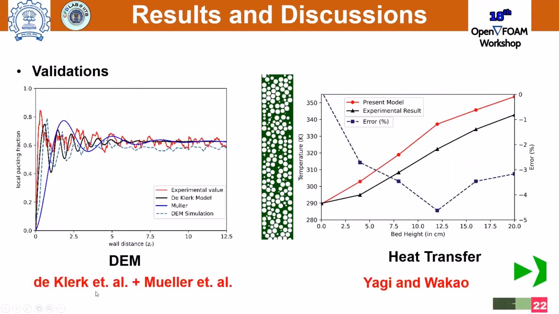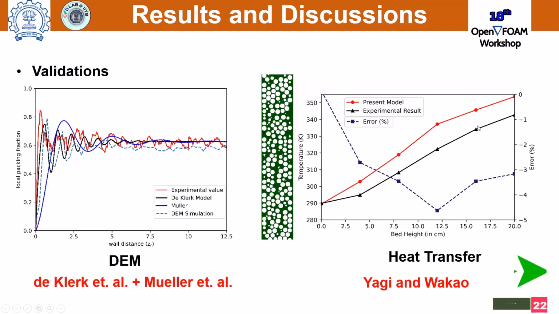I have validated the porosity from the center towards the wall using the de Klerk correlation, which is a very famous correlation for the mono-sized packed bed. And for the heat transfer model, I have validated against the experimental results of Yagi and Wakao. And this is the experimental setup of Yagi and Wakao.